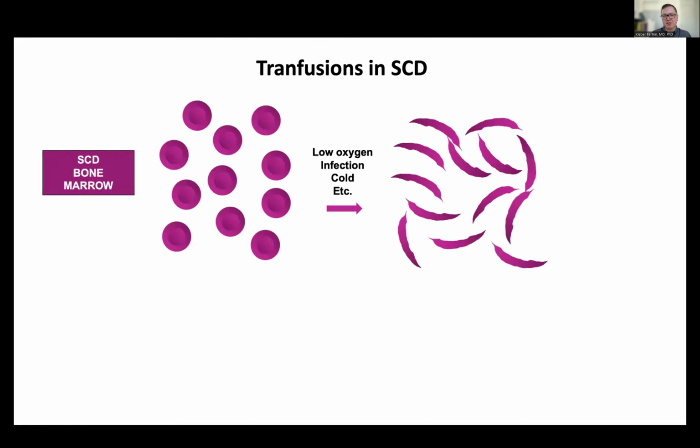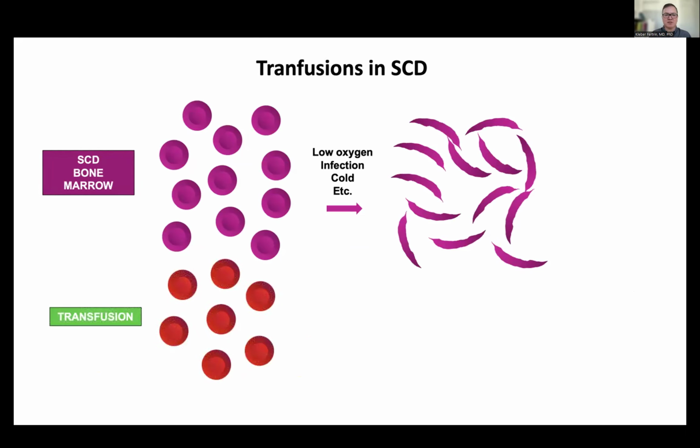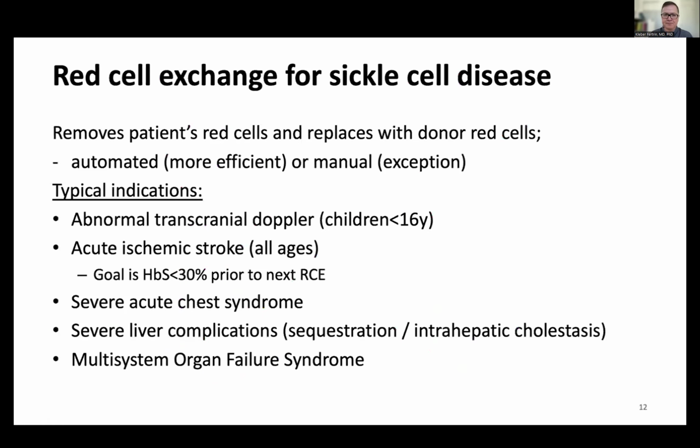This is a cartoon I'm going to use several times in this presentation. So this is how I would represent a transfusion. You have a mix of red cells that contain a lot of sickle hemoglobin and the red cells from the donor that are in red that don't have sickle hemoglobin. And then under stress, low oxygen, etc., you will have the sickle red cells from the patient still sickle while the donor cells won't sickle.